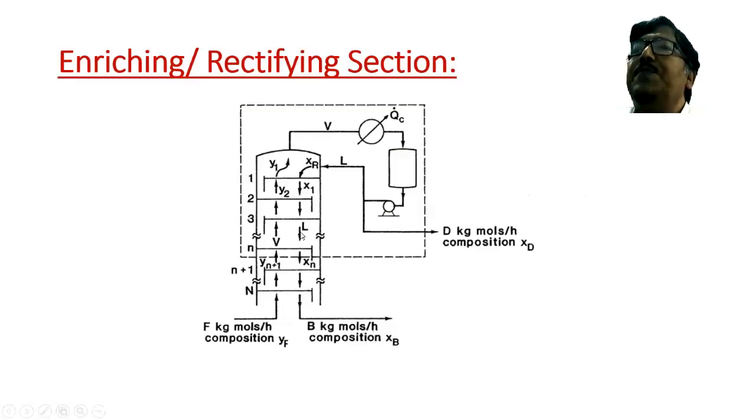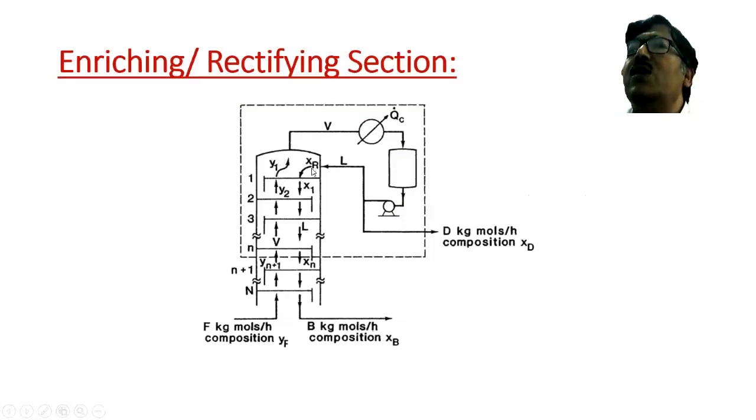As it is equimolar overflow, all the vapor flow rates in the rectification section are constant, and that is taken as V, and all the liquid flow rates in this rectification section are constant, which is taken as L. And here one important thing that I want to mention is the convention of the composition of these streams.